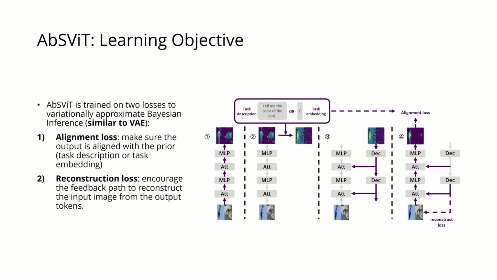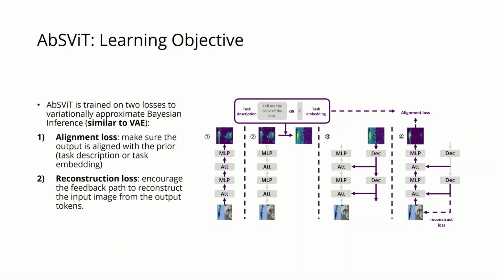So how does AbSViT learn this top-down attention? As we mentioned, it can learn top-down attention by approximating Bayesian inference. Here we optimize a variational loss to achieve that, which is quite similar to the VAE loss. There are 2 parts of the loss. The first one is the alignment loss, which means that we want the final output to be aligned with the task embedding.